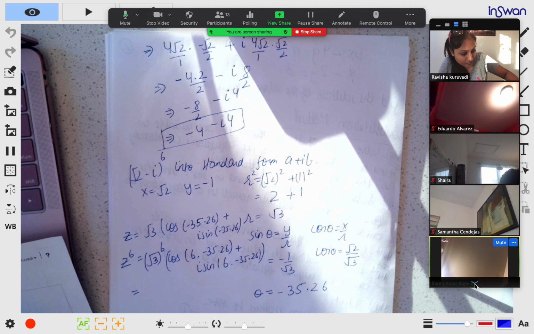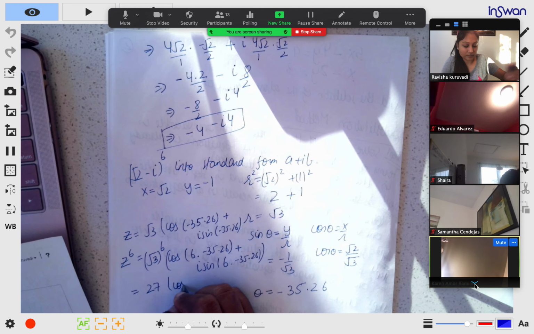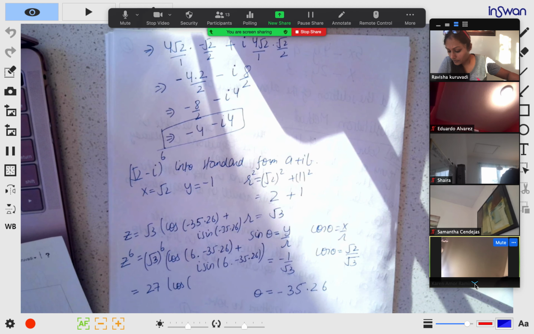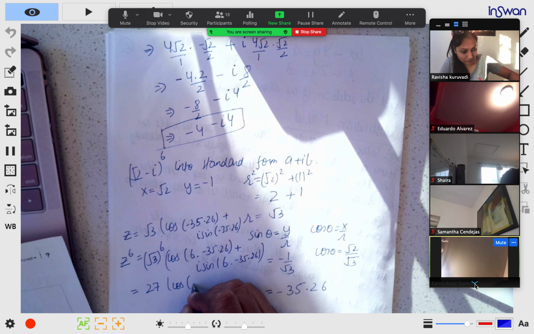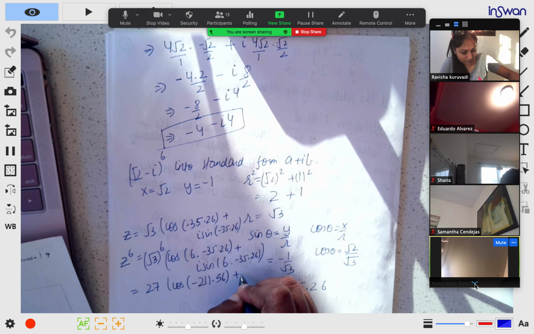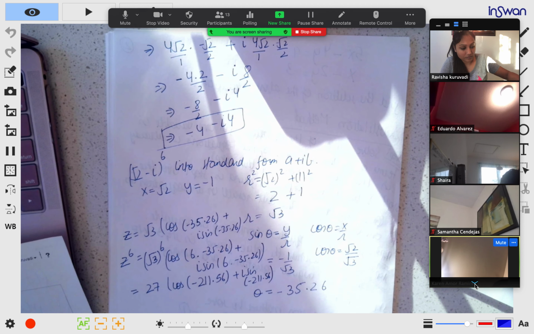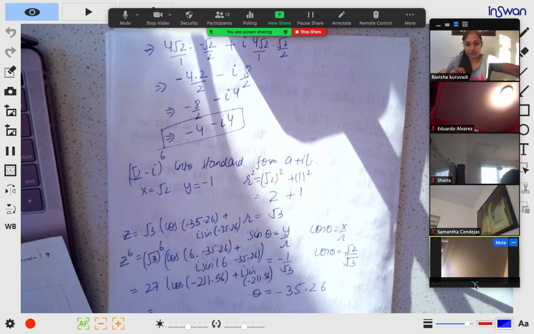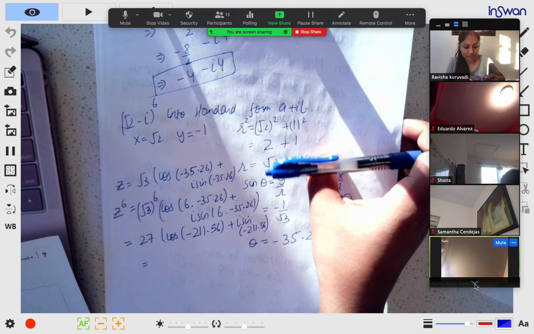27, cosine of negative 211.56 plus i sine of negative 211.56.